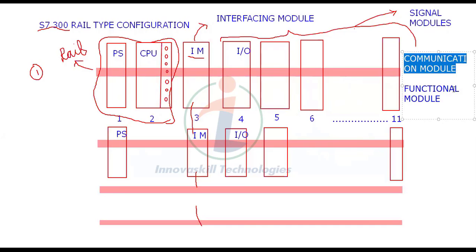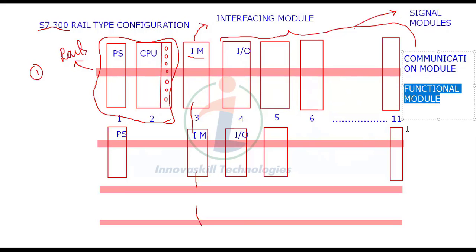If you are using Profibus or Profinet or Ethernet, there are many communication modules available for this S7300. You can buy whichever is necessary and add it by replacing any one of the slots available from 4 to 11.